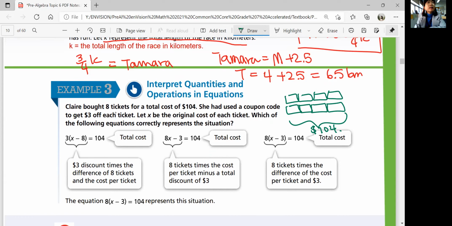So she got a discount, $3 off each ticket. So she didn't pay 3 times 8, which is 24. She got a total of $24 discount. And that's going to be the original amount. Whatever discount she didn't pay is the original cost, right?